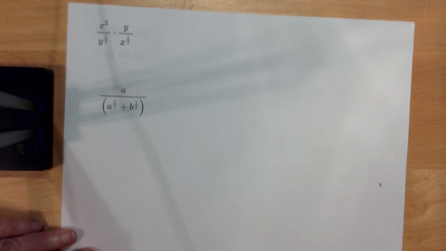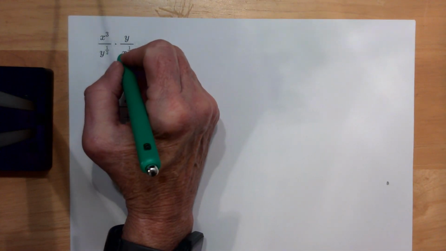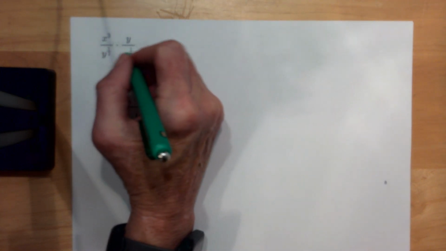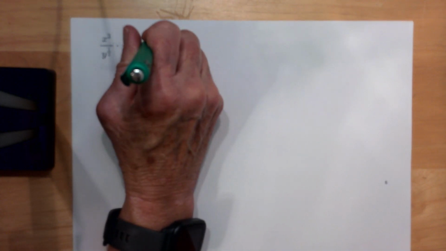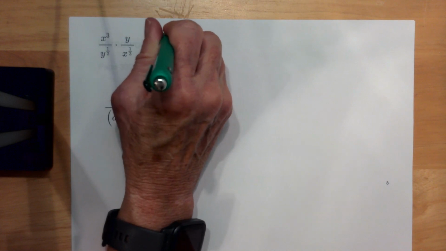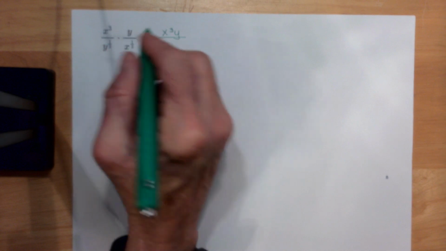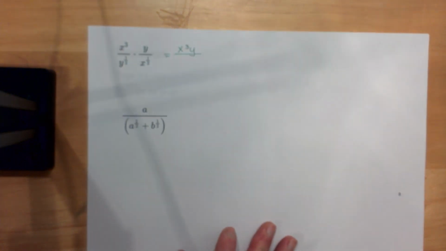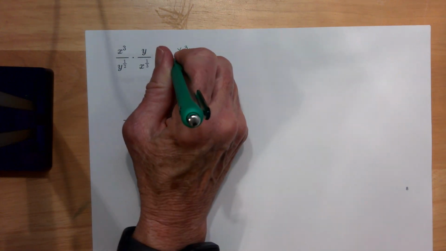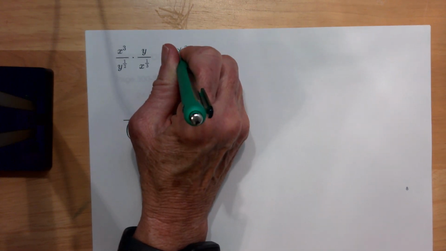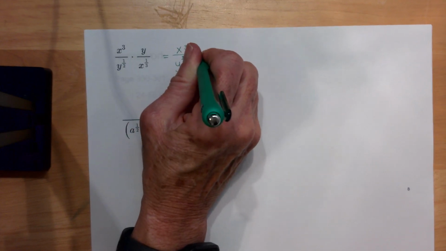All right, let's do a couple more here. Now this is multiplication. So when I multiply, see those base numbers are not the same, but I can get them underneath the same root. So on the top, I'm going to have x cubed y, and on the bottom, if I get a common denominator for them, the common denominator is going to be 6, so this is going to be y to the 3/6 power times x to the 2/6 power.